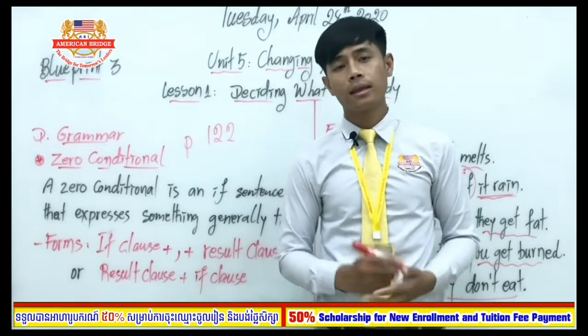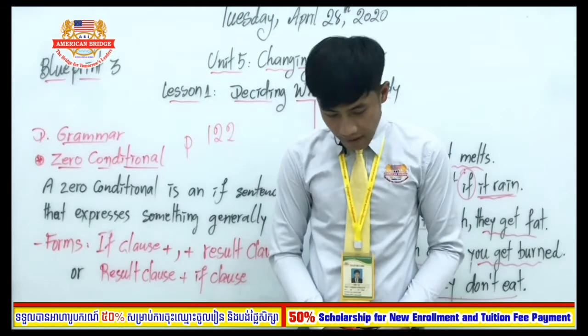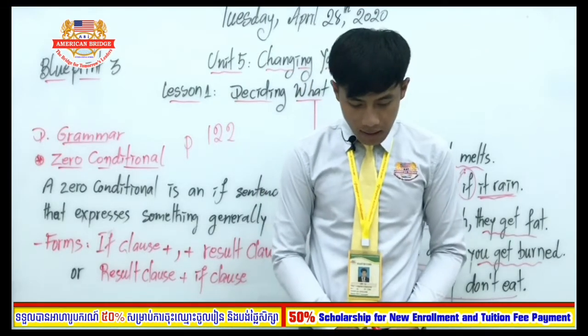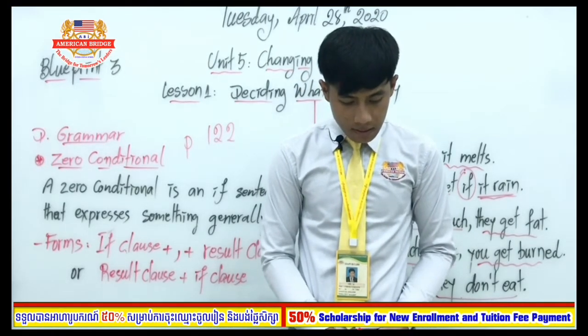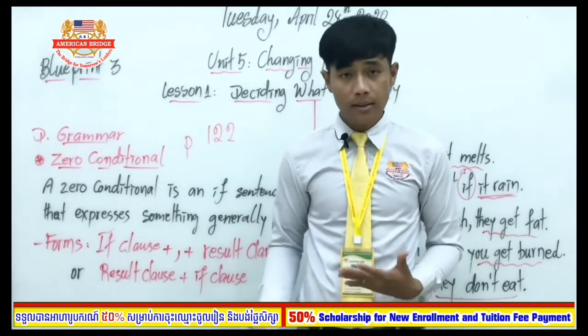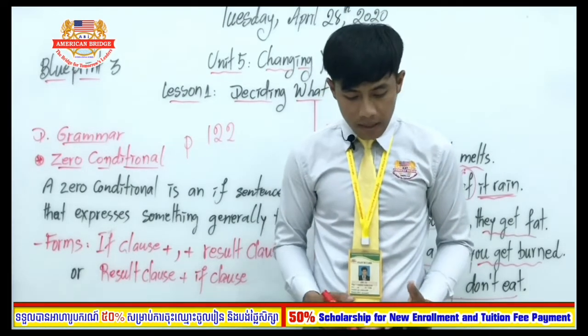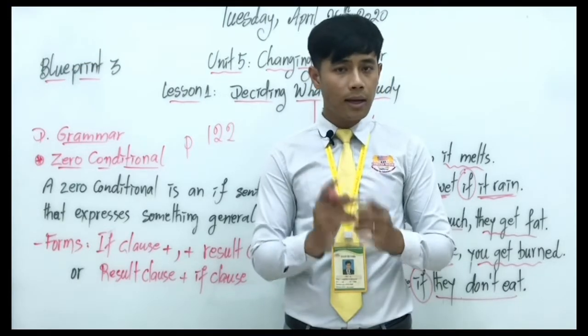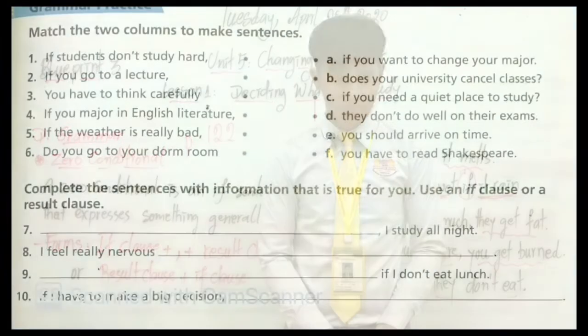So let's turn your book to page 65. Look at point E, grammar practice. Match the 2 columns to make sentences. From 1 to 6, you have 2 minutes to do it. Are you ready? Let's do it now.